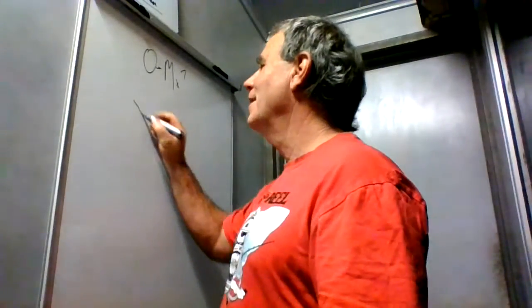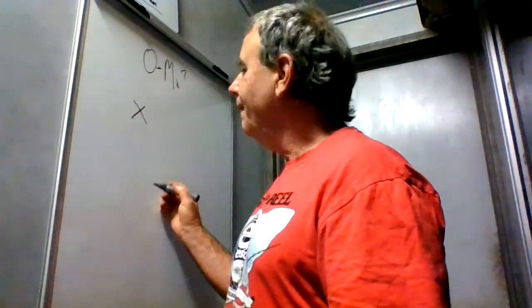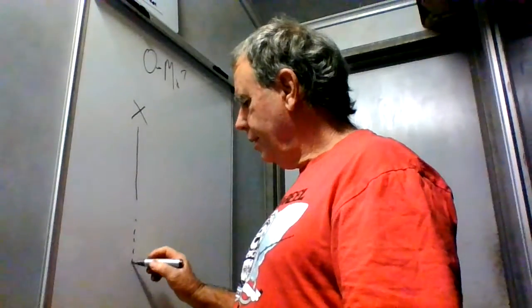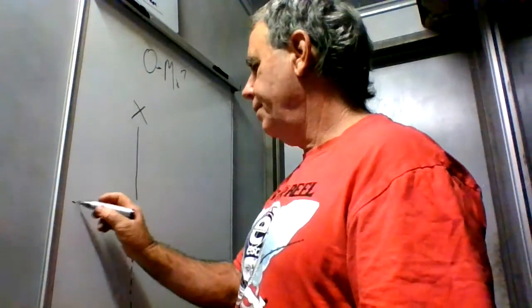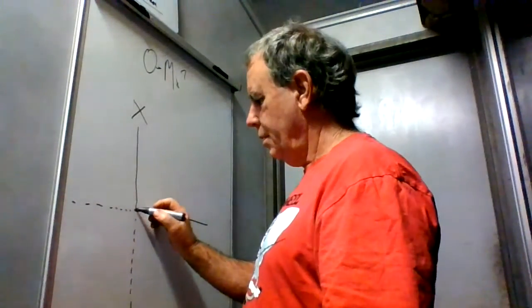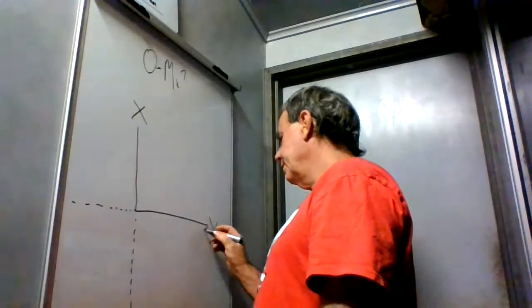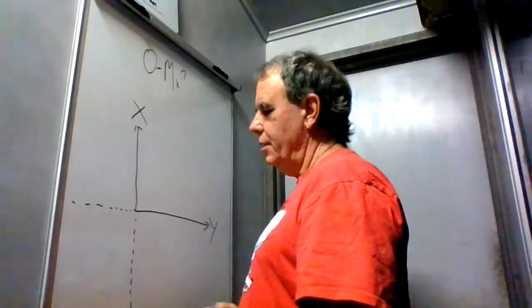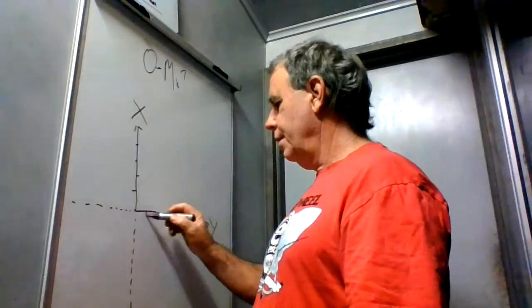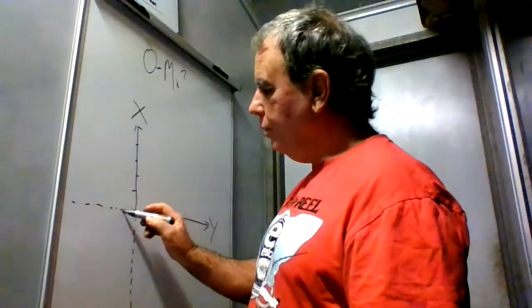Now I go X, right? We've got X, and if we do this sort of thing and we go XY, that's the way it's drawn. Of course, these are little coordinates too, and you can have minus coordinates too.